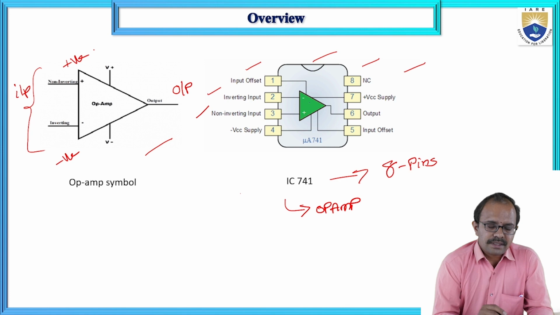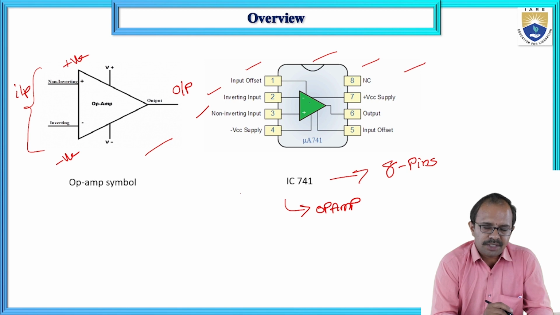That is, the signal applied to the non-inverting terminal has positive polarity, and the signal applied to the inverting terminal of the operational amplifier has negative polarity. This is the input section.